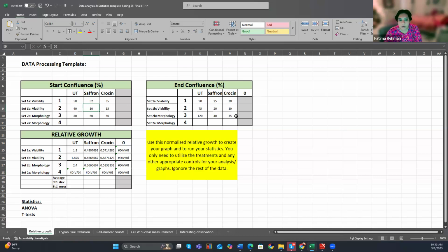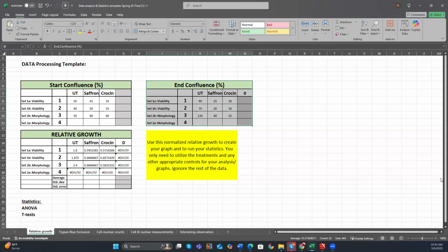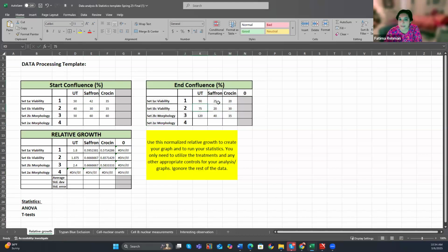What conclusions would you draw if you just looked at this one? The end confluence. So you're just focusing on this particular table. Well, it looks like it decreased. It looks like there were a lot fewer cells in saffron and crocin.